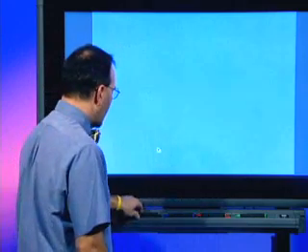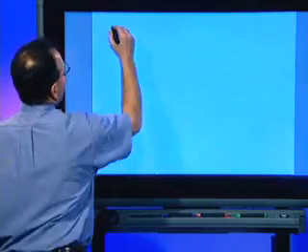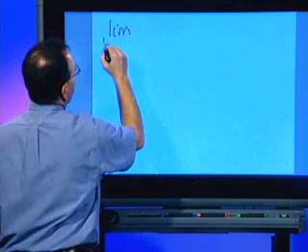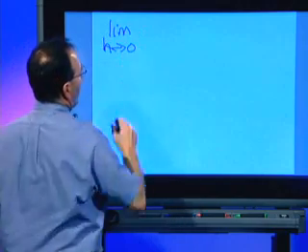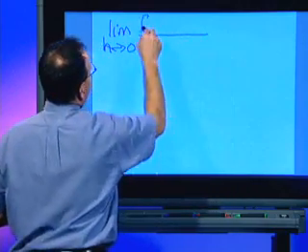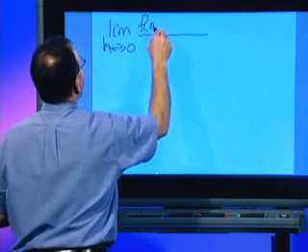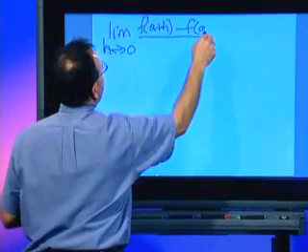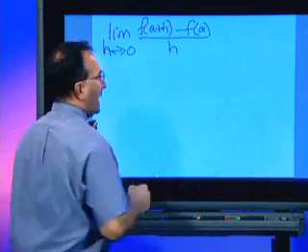So we need to write out the limit as h goes to 0 of f of a plus h minus f of a over h.